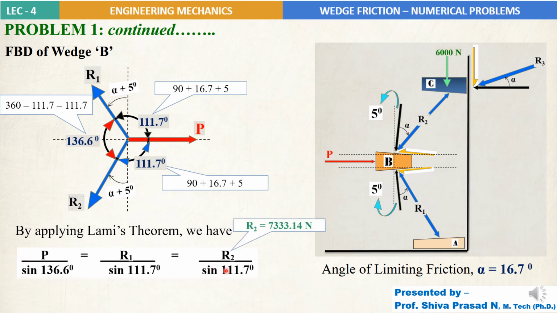Solving this equation, we get the value of P, and again this R2 is already known, 7333.14, this we had found when we considered the free body diagram of C. That value, if you substitute here, you get the values of P and R1, the required force P to create an impending motion of the block C.